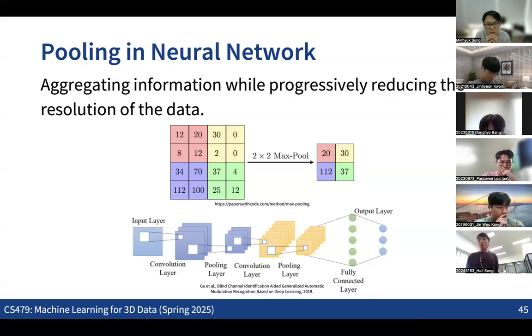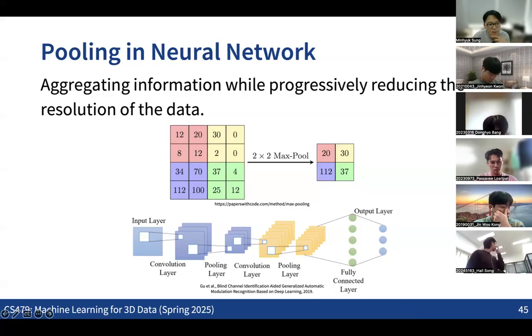So here the question is: how can you apply the same idea to 3D meshes as well? If you apply a pooling operation to 3D meshes, we should also be able to progressively reduce the resolution of the 3D meshes, right? For the 2D grid, we know how to do downsampling; it's very simple, since we can merge local regions like this.